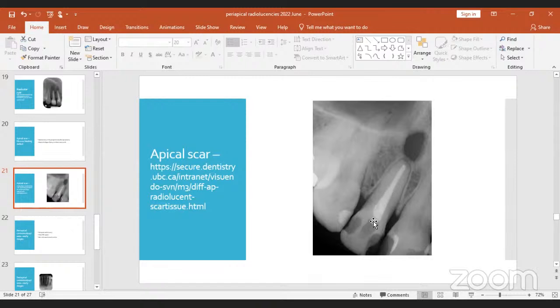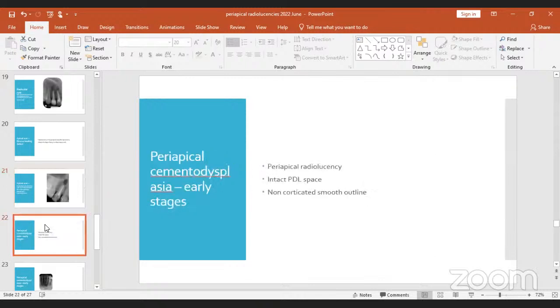The tooth will not be sensitive. There'll be no complaints of pain, and no tenderness to percussion. So you may just find it as an incidental finding.